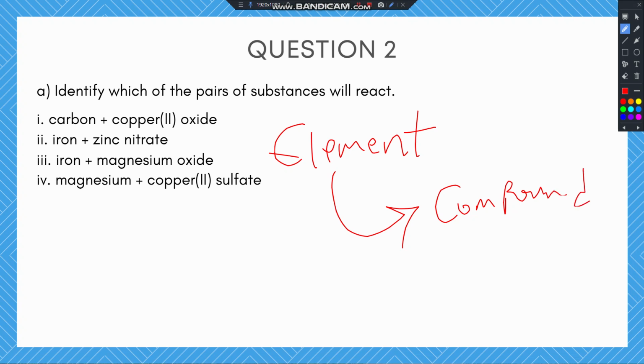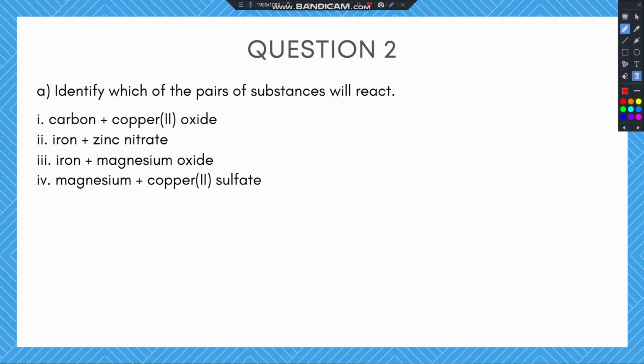So here is what we mean. For this first example, we have the element that is standing alone, carbon. For these two substances to react, carbon must be able to displace the one that is in a compound, which is copper. So if carbon is able to displace copper, it means the two of them will react.